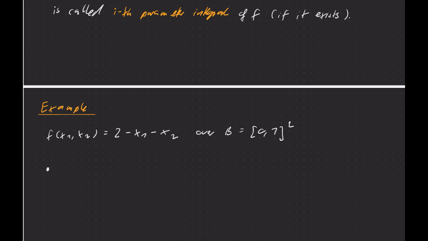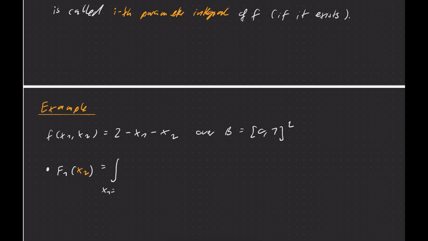Then the first parameter integral, F_1, means we're integrating over x1. That means we are left with the variable x2, so that function depends just on x2. We're integrating over x1, and I'll usually denote the variable of integration at the limits as well.